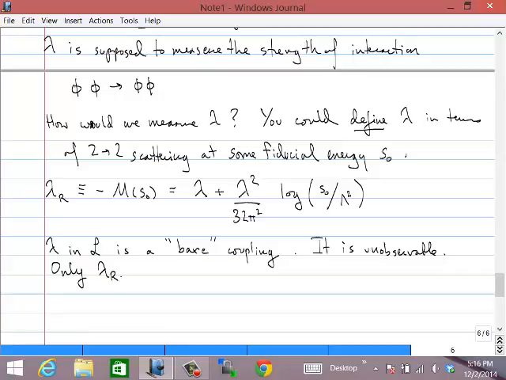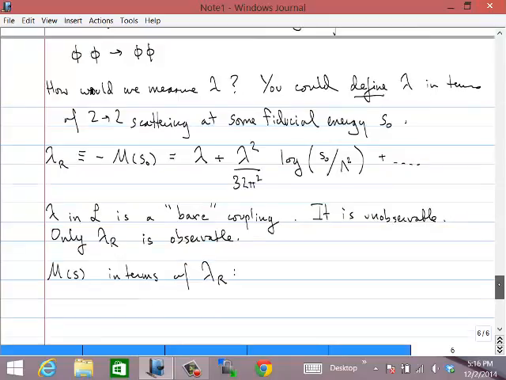Only the renormalized coupling is observable. Here I've written down a formula for the renormalized coupling in terms of the bare coupling. There will be subleading terms coming from higher order Feynman diagrams. And it's straightforward then to go ahead and write things in terms of the renormalized coupling rather than the bare coupling.